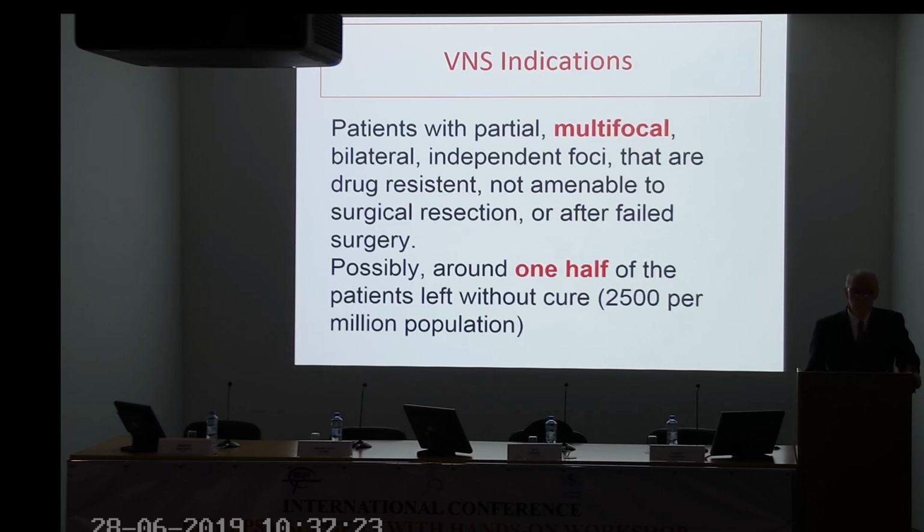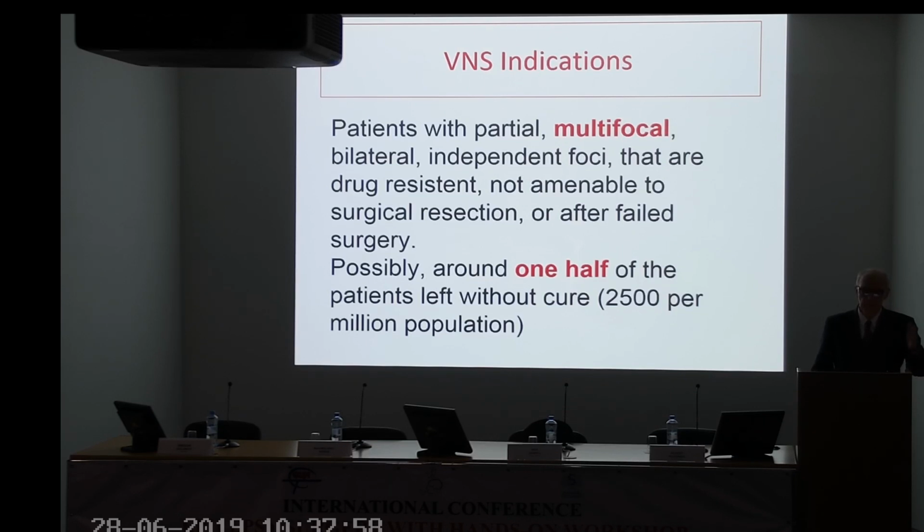Patients with partial, multifocal, bilateral, independent foci that are drug resistant and not amenable to surgical resection or after failed surgery. This is the main point. And possibly this kind of patient sums up to one half of the patients that are left without cure. So that means that for every million population you have 20,000 epileptic patients.